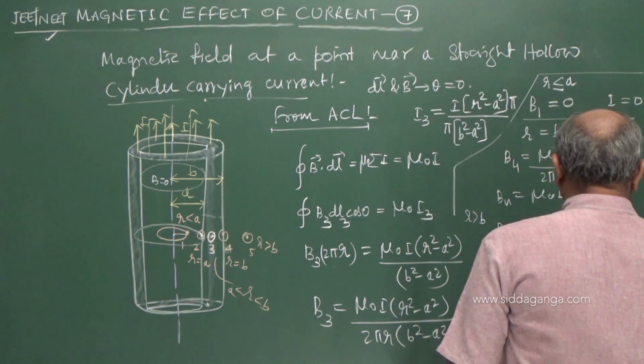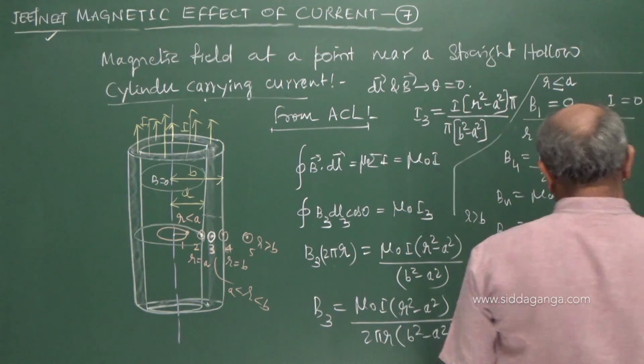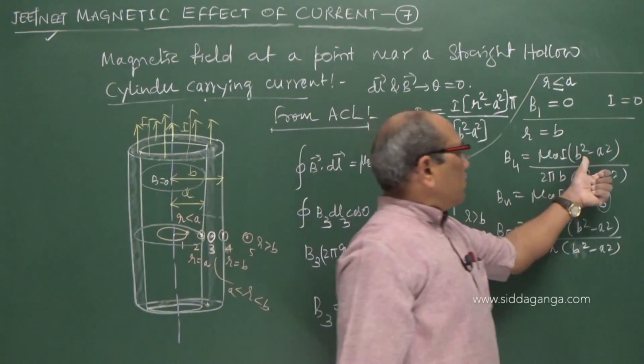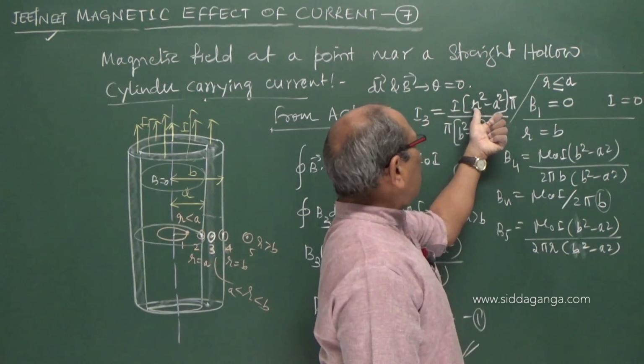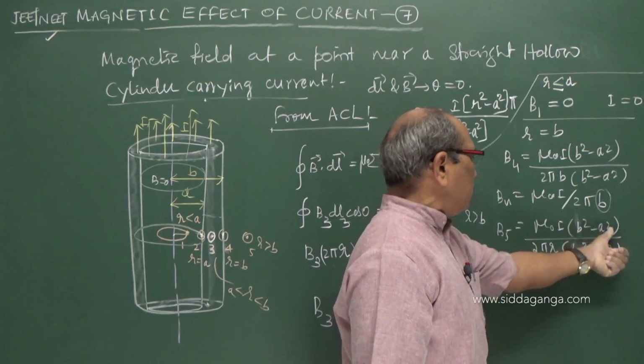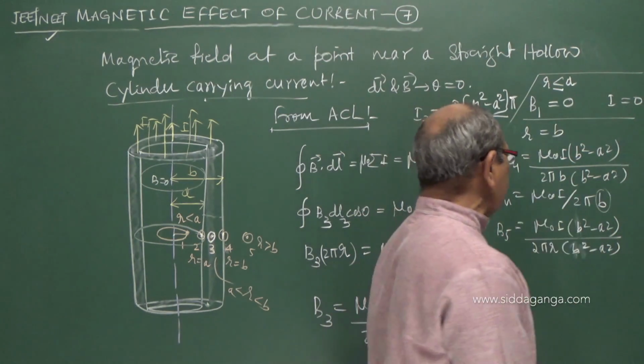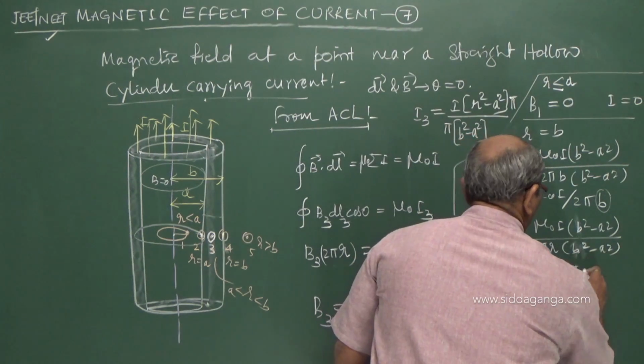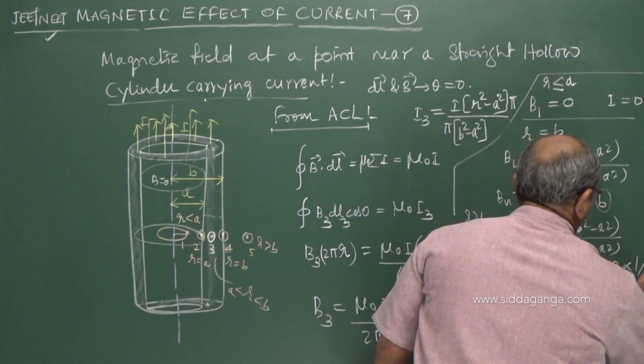We cannot distribute the current over a larger area than that. Current distribution is up to B. R can take value B maximum. B square minus A square by B square minus A square cancels, and you will get the answer mu naught I by 2 pi R, which suggests B is inversely proportional to R.